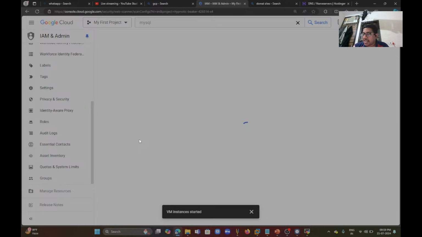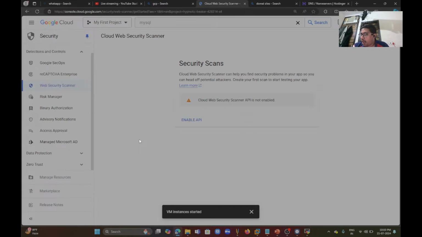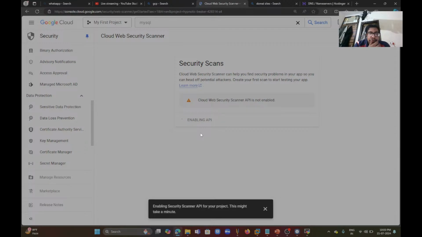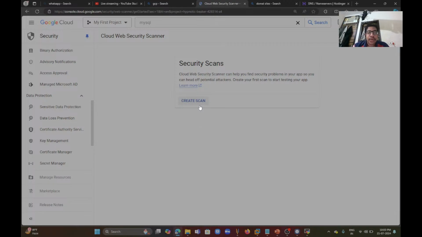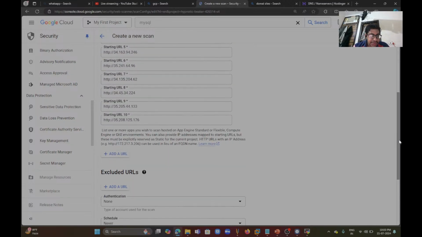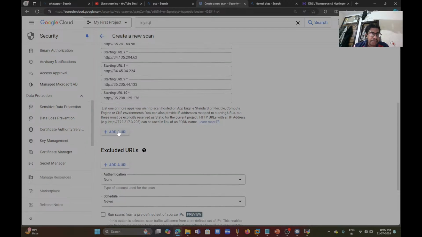Most important concept: this web security scanner is most important. We can paste the URL and enable it like this. Okay, create scan. Use and pay at the end of the month. Starting URL. Can you add a URL?